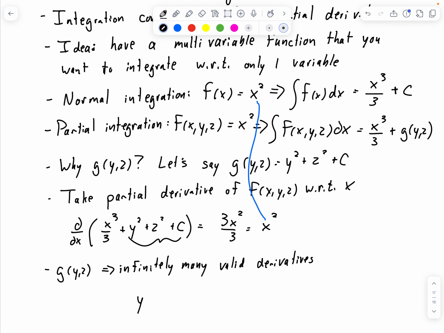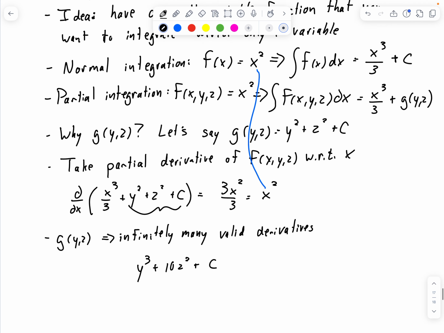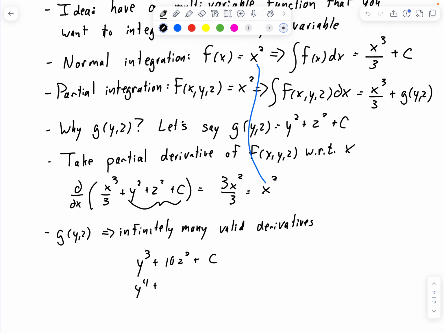It could have been y cubed plus 10z squared plus c. It could have been y to the 4th plus yz to the 3rd plus c. There are infinitely many valid expressions that could have been, as long as it doesn't depend on x. And so that's why when we take the partial integral, we have to include this g of y and z term just to account for whatever that function may be.